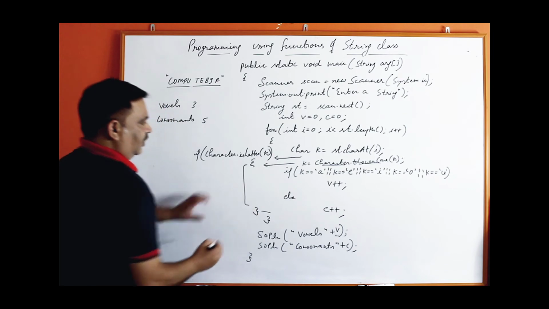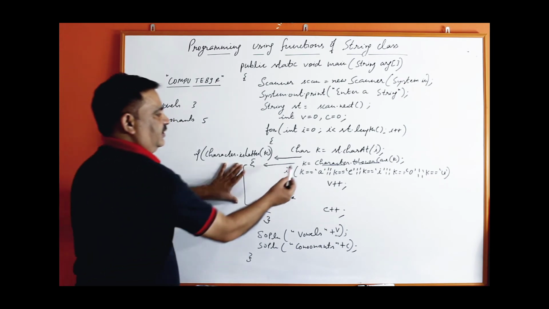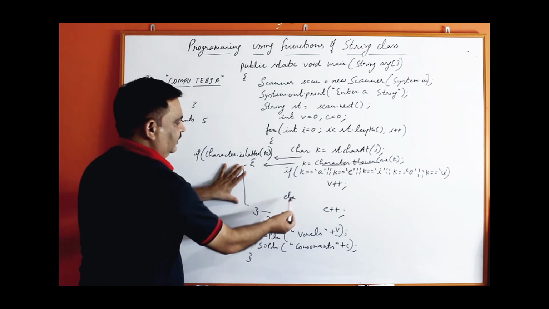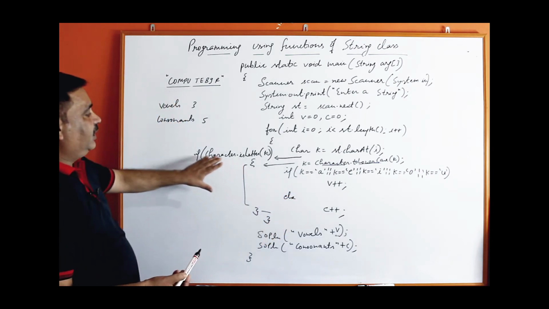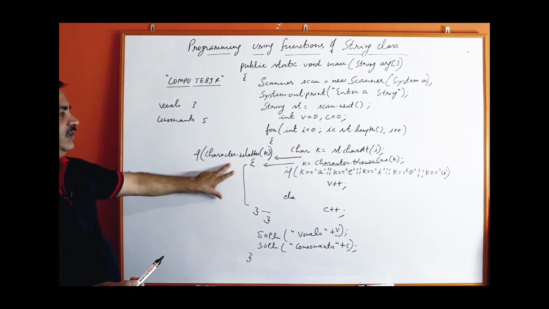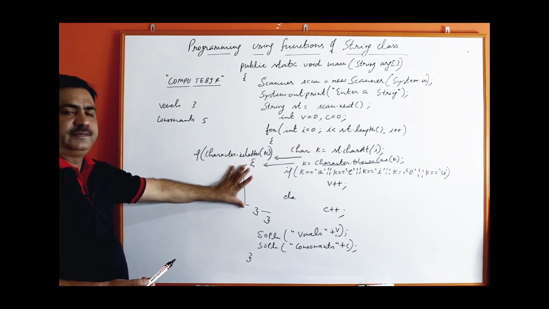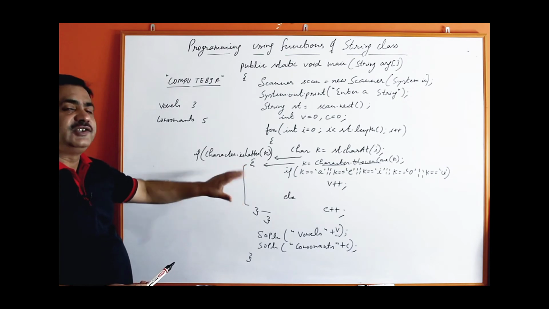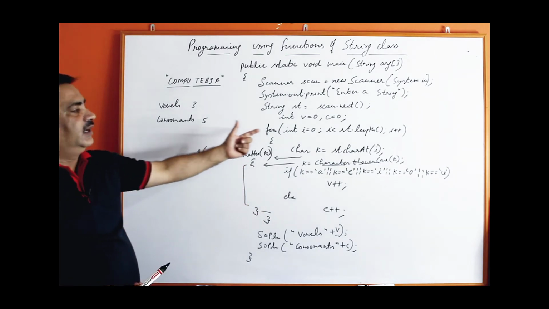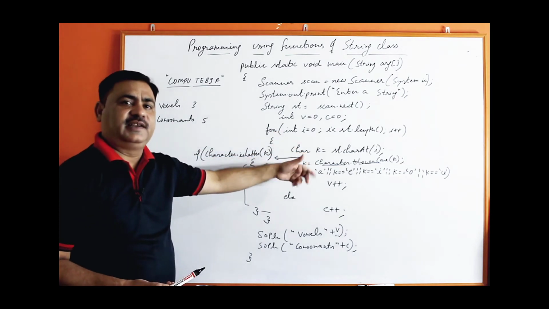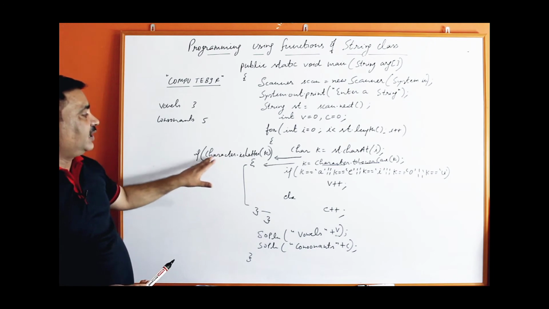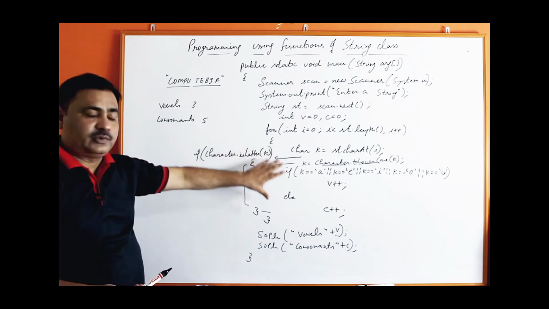This is the block in which you have to write the statements. You have to convert into small letters, check the condition with the vowels or consonants, because if the extracted character is an alphabet, then only this block will execute. If the extracted character is not an alphabet, then it will continue with the next iteration to extract the next character, and it will be ignored.